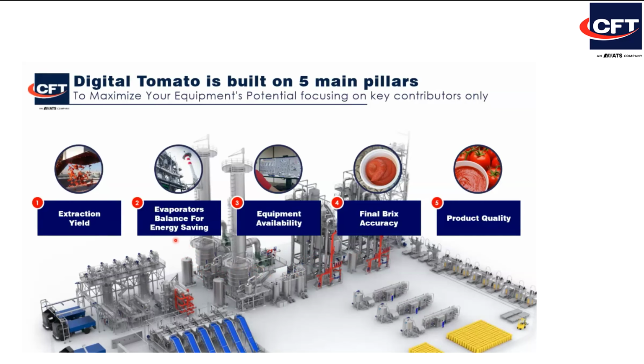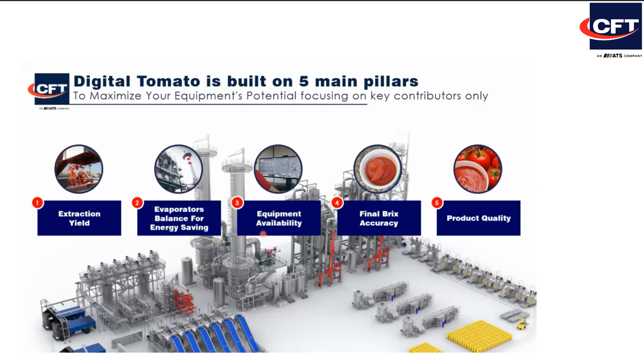The balancing of these evaporators for achieving the best energy performance is something that is normally not included as an algorithm in the line, but something that would be very beneficial to always have the optimal configuration and save a large portion of energy.